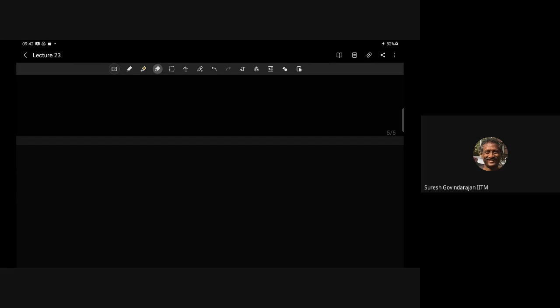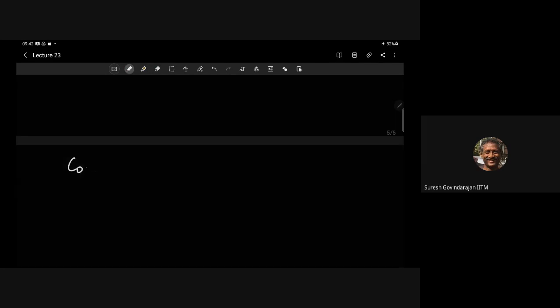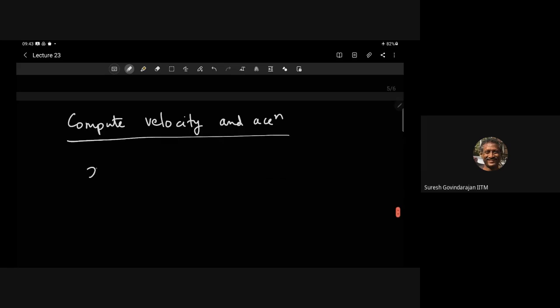So the idea now is that we'll compute velocity and acceleration in both frames. This is where this maths picture is nice.